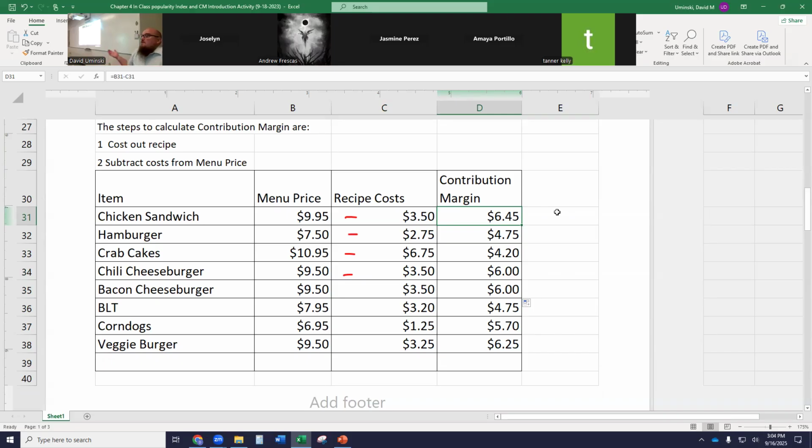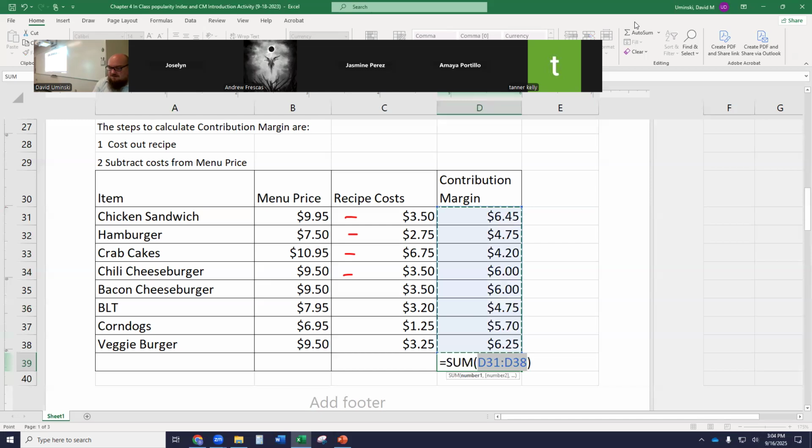So how do we know where everything else lies between the low and the high? We're going to find the average contribution margin. We add up all of our contribution margins, which Excel tells me is $44.10.